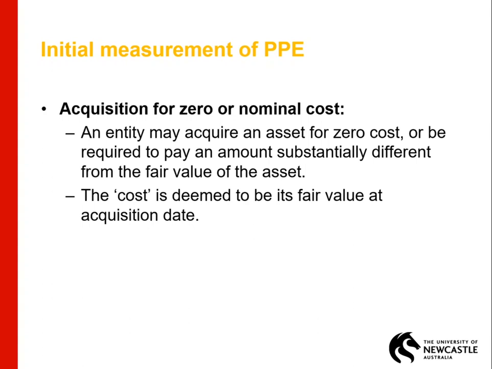So they have to make a decision as to, first of all, do they have control of that asset? And if they have control of that asset, then they have to record it at the fair value of the asset. That would require them to record a journal entry where they would debit the asset, for instance building, and credit gain, which would be recorded in their profit and loss.